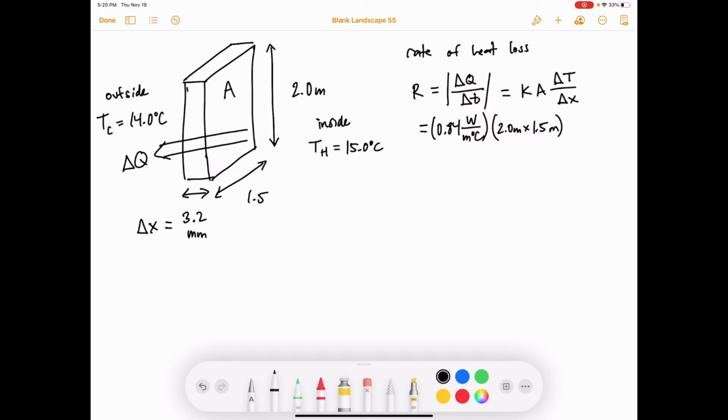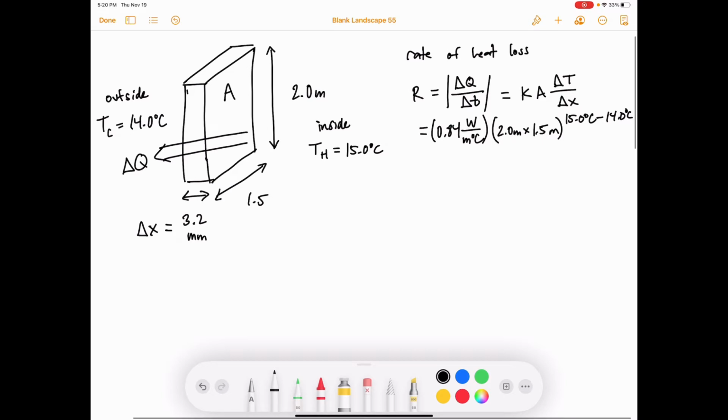Now delta T is the temperature difference between the inside and the outside. 15 degrees Celsius minus 14 degrees Celsius. And then we're going to divide that by delta X, the thickness of the window. That's 3.2 times 10 to the minus 3 meters, because a millimeter is equal to 10 to the minus 3 meters.